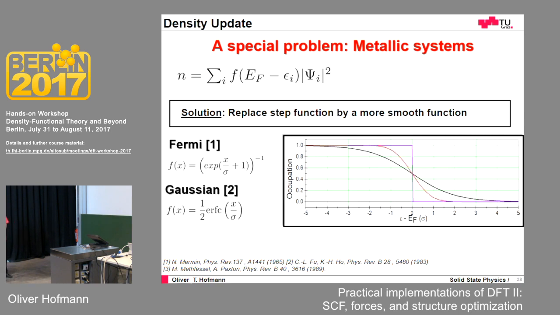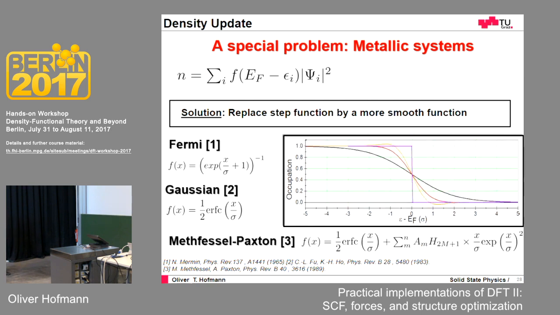What's commonly used is a Gaussian function that is still a little bit sharper than a Fermi function, and the third method that is very commonly used is the so-called Methfessel-Paxton scheme. The Methfessel-Paxton scheme is shown here in orange, and it's a little bit peculiar in the sense that unlike the other functions, it actually goes to occupations above 1 below the Fermi energy and below 0 above it.